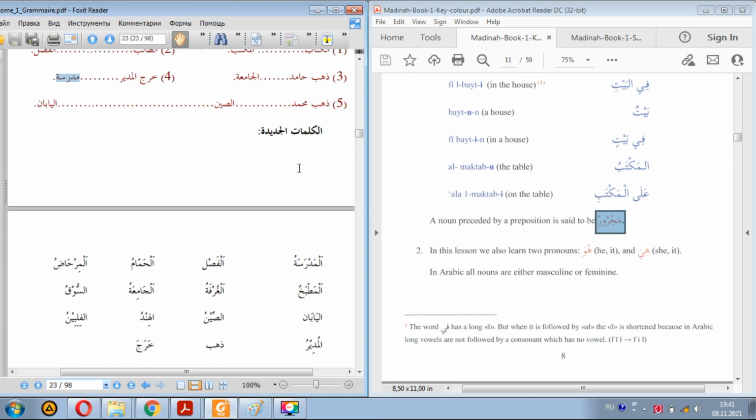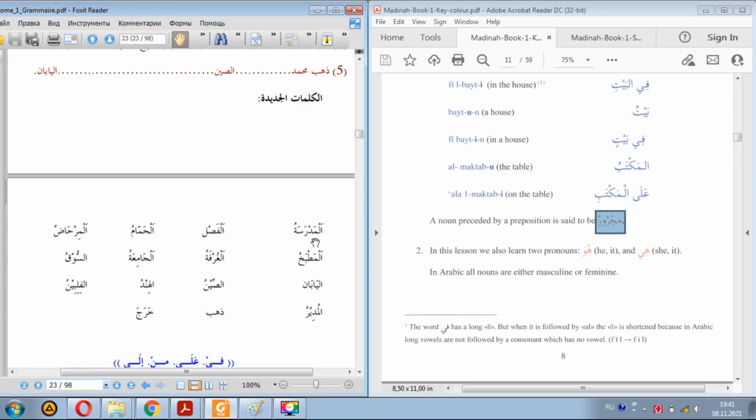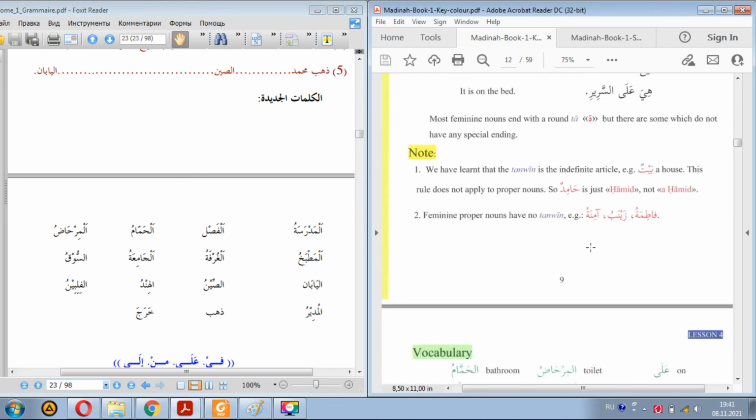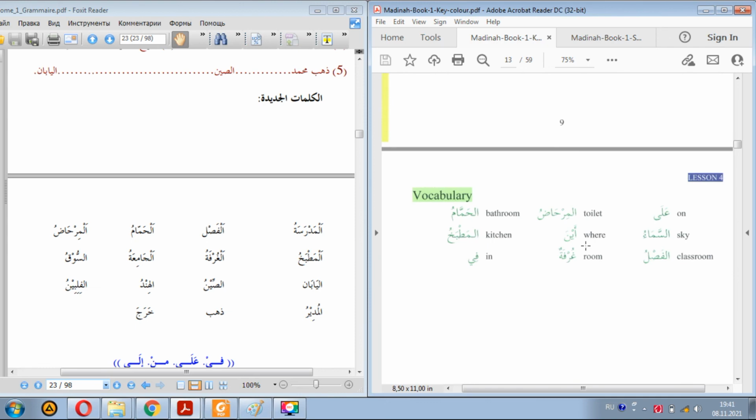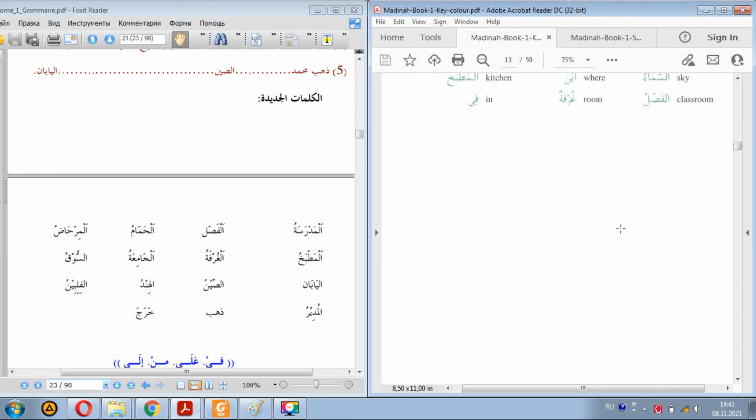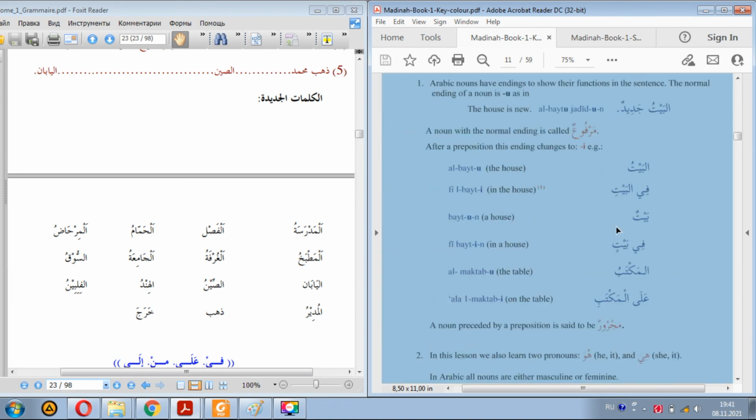And here we have some new words like المدرسة, الفصل, class. المدرسة, it means school. الحمام, bathroom. المرحاض, toilet. المطبخ, kitchen. الغرفة, the room. الجامعة, university. السوق. Well, what does this mean in the English language? Well, it's not translated. السوق, it's a place where people trade stuff.